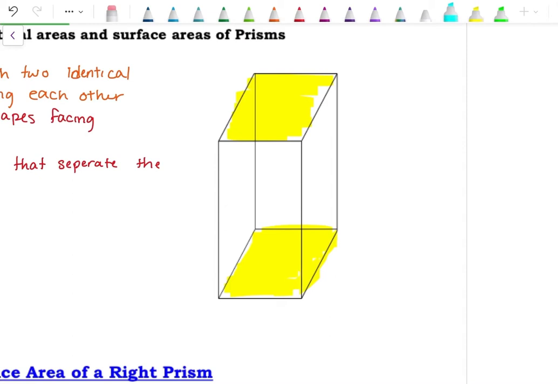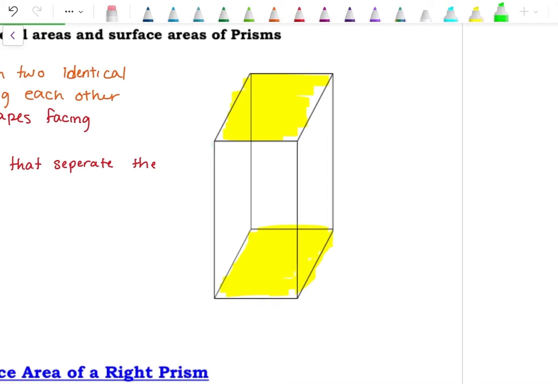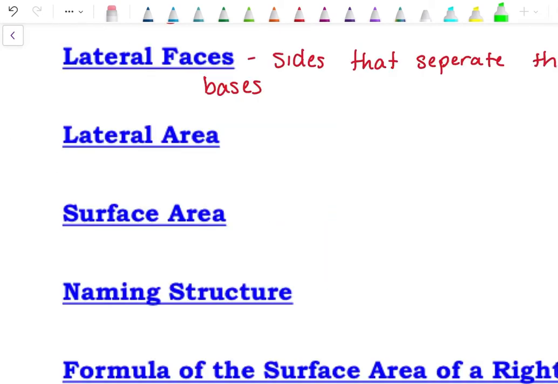But these other sides all around it that make up the distance between the two bases are going to be the lateral sides. The lateral area is going to be the area of the lateral sides. Just the lateral sides, not the bases.